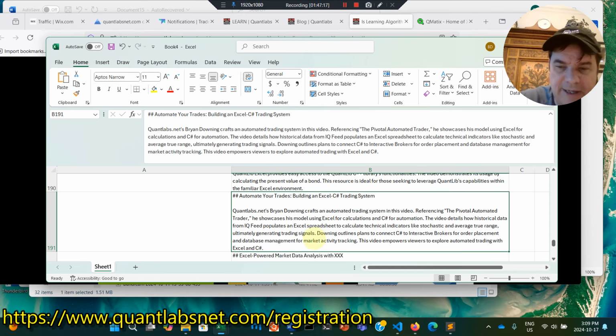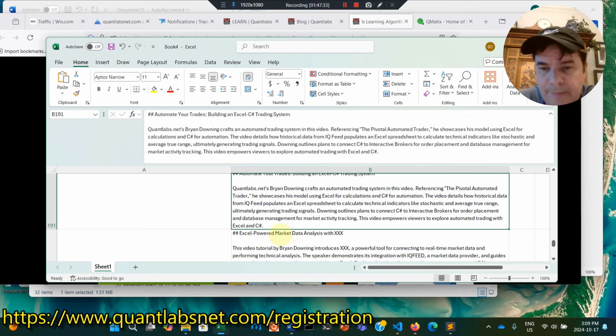It outlines plans to connect C# to Interactive Brokers for potential order placement and data management for market activity. This is one example of many, as you can see here, and already pushing a 2-hour video on some of the, I mean, this is getting the majority of it.